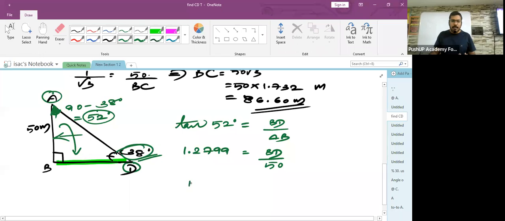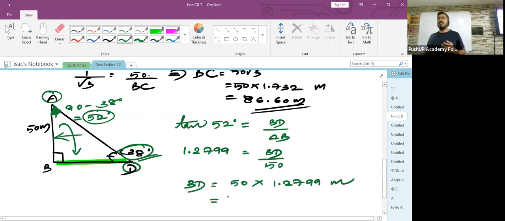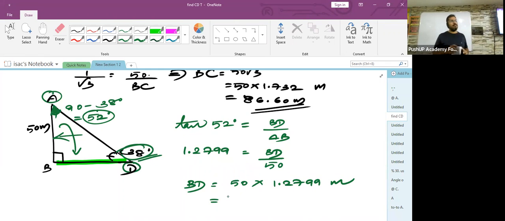Therefore BD will be equal to, cross multiply 50 with 1.2799 meters. Children, since a meter has only 100 centimeters, after the decimal point you should be placing only 2 decimal values.